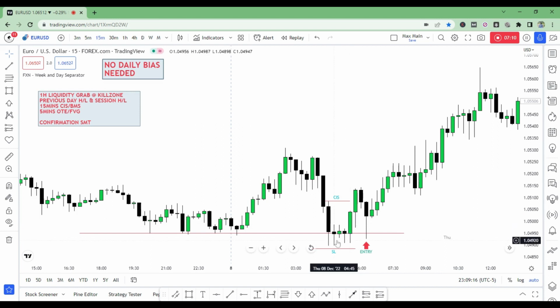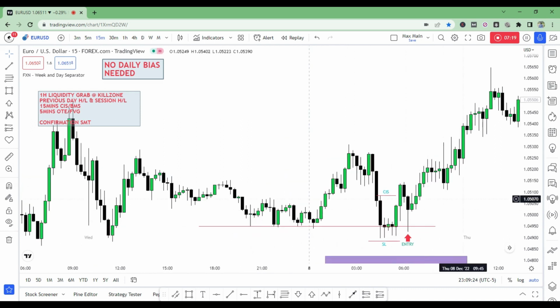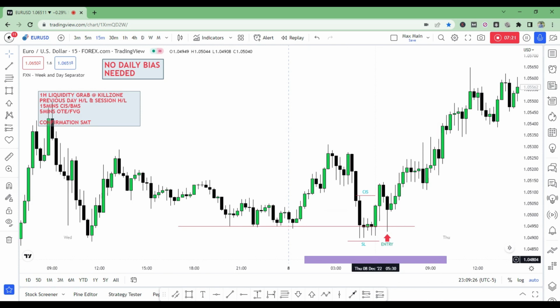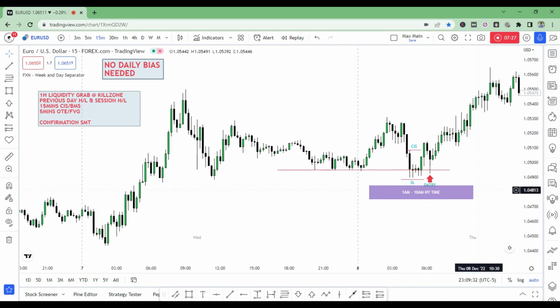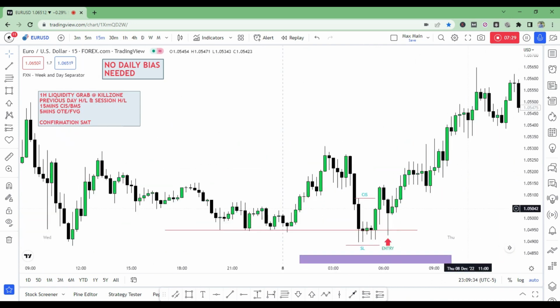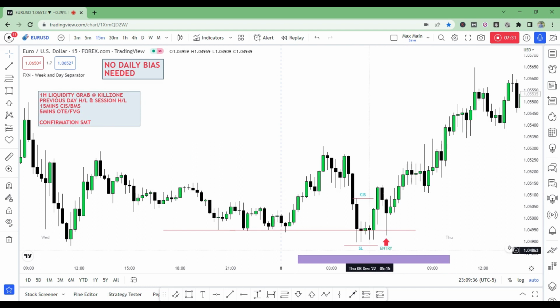Once this liquidity is grabbed from the 1 hour or the 15 minutes during a Killzone, during the session that you're looking at, you want to be sure that you're within that session. Actually, as you can see, I'm within those sessions. So let's look at that.